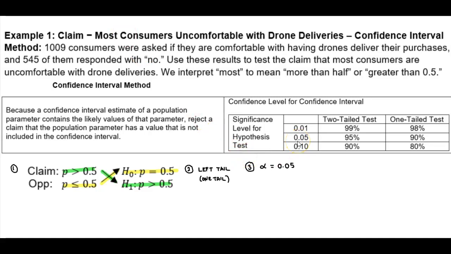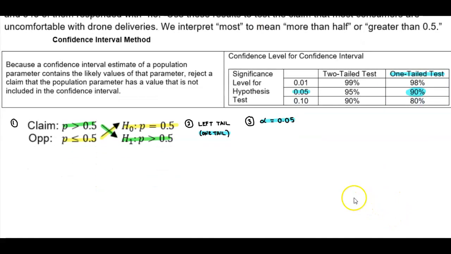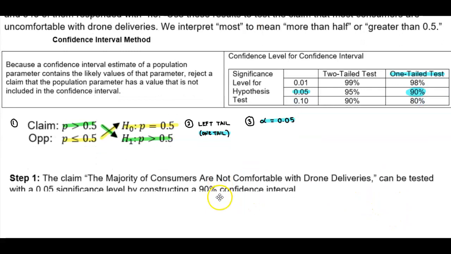So since it's a one-tail test and the significance level is 0.05, we're going to be using the 90% confidence interval. So the claim, that the majority of consumers are not comfortable with drone deliveries, can be tested with a 0.05 significance level by constructing a 90% confidence interval.